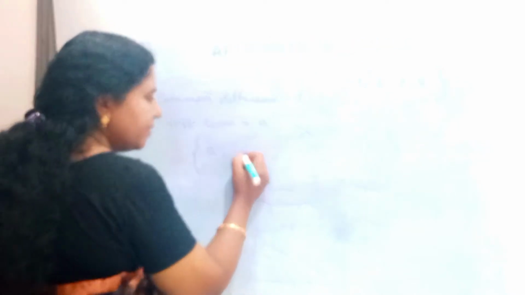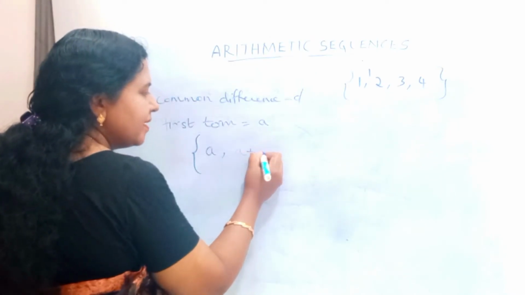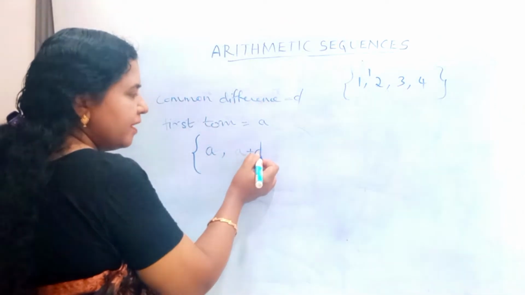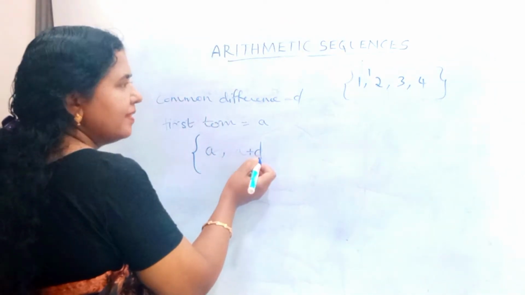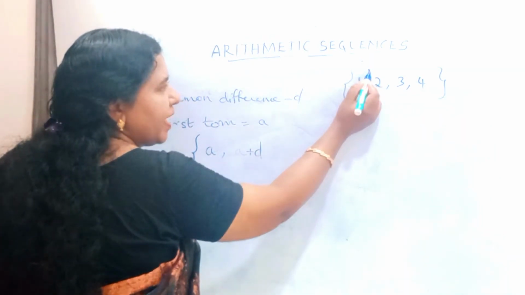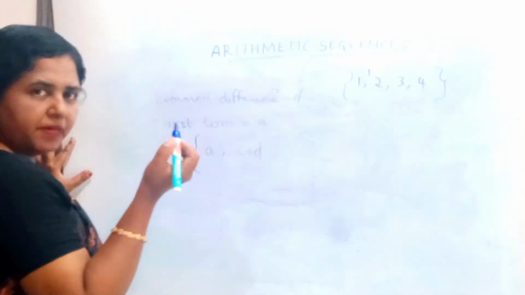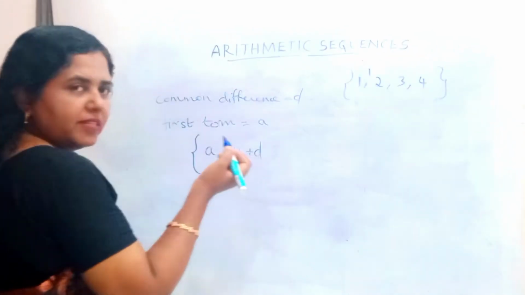So the second term becomes A plus D. That is, A is the first term, and when we add the difference to the first term, we will get the second term. Now we have got the expression for the second term.